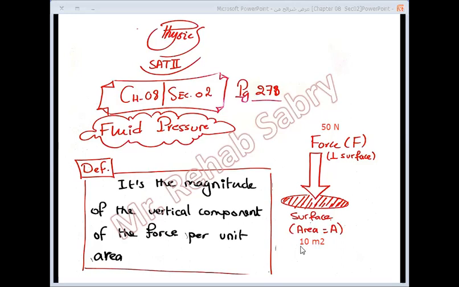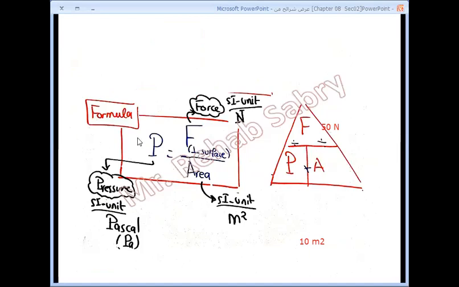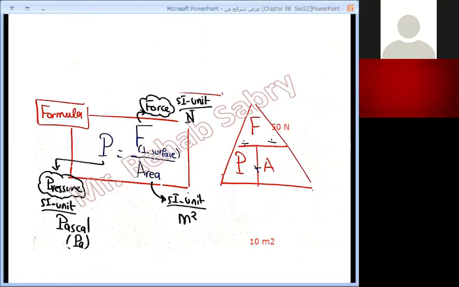But here the area is 10. The force that's acting on it is 50. So to find the force acting on unit area, we will divide force over area. So this is the formula. The formula is P, which is pressure, equals force divided by area.